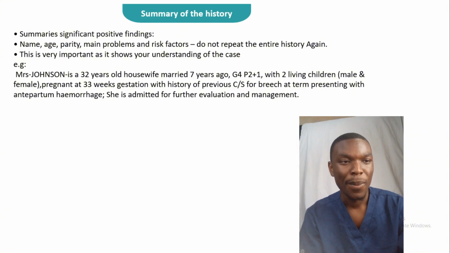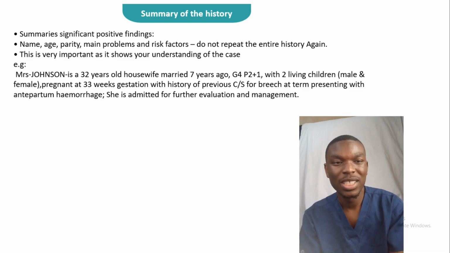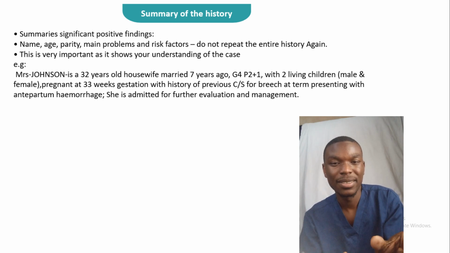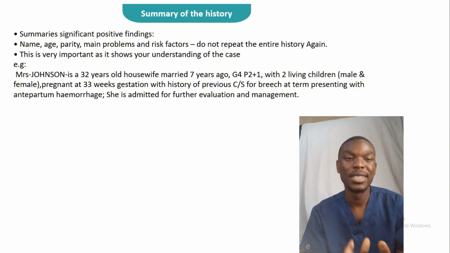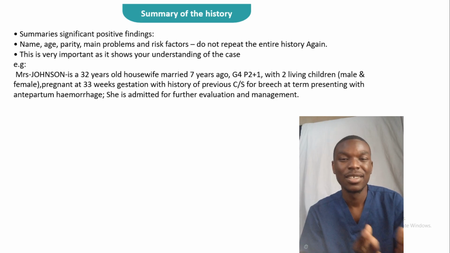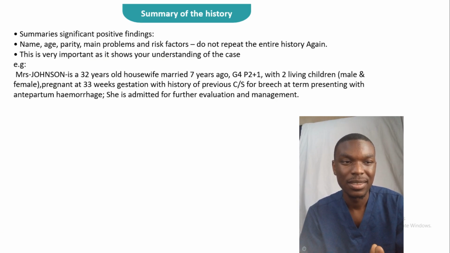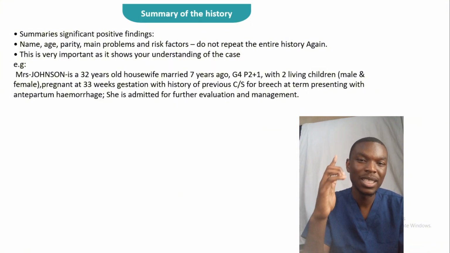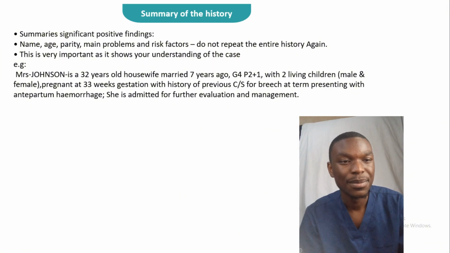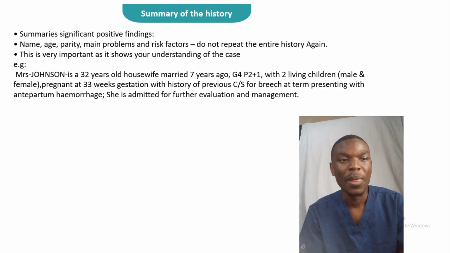So from here, we have also described the age of the pregnancy in this summary. Don't forget to state the age of the pregnancy in weeks and days, for example 36 weeks, 4 days. You get this information from the expected date of delivery.